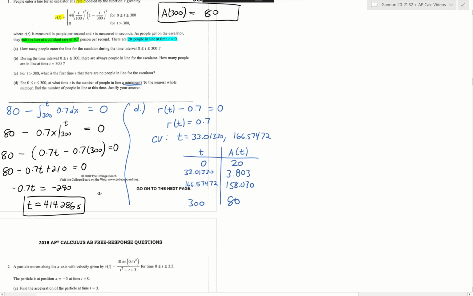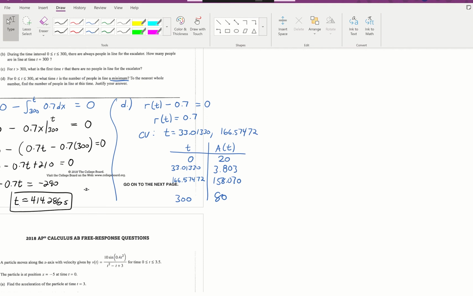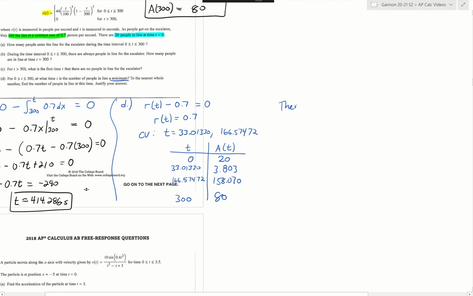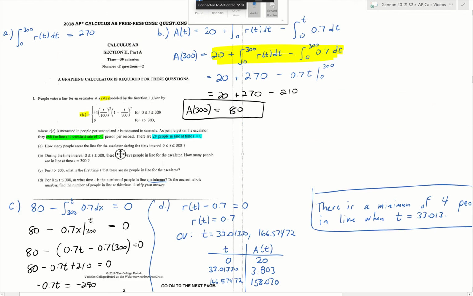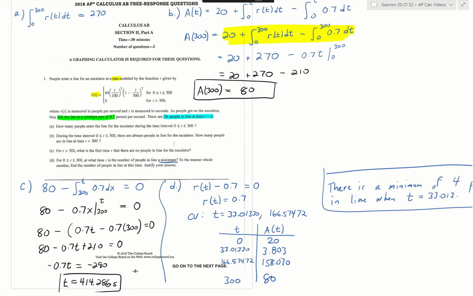Basically, there is a minimum of 4 people in line when t equals 33.013. And that would answer that question. All right, guys, that does it for question 1. Make sure you keep watching and check out question 2.